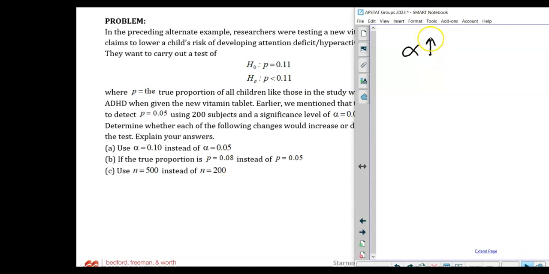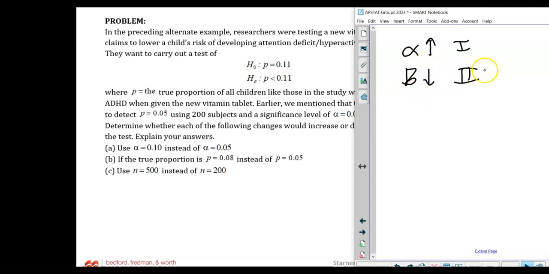So alpha went up. That means that beta is going to go down, right? This is type 1, this is type 2, so those work opposite of each other. If alpha is 0.1 instead of 0.05, alpha went up, which means beta goes down. Type 2 error is going to go down, type 1 error is going up.